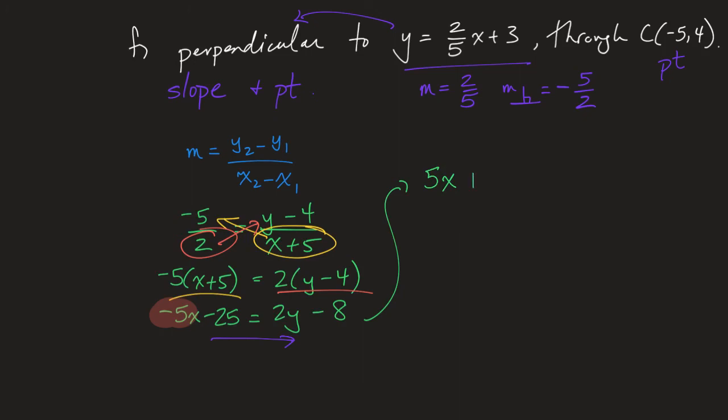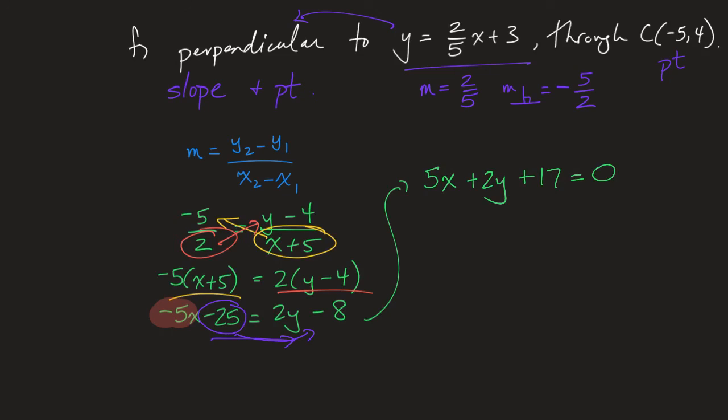The 2y is already over there, so I don't have to worry about moving it or changing its sign. It's still a positive 2y. And now I need to get rid of this negative 25, and so to get rid of a minus 25, I need to add 25, and that gets us to positive 17. Everything's on one side, so it's equal to 0 on the other side. If we got down to that, then I think we are doing great for today.